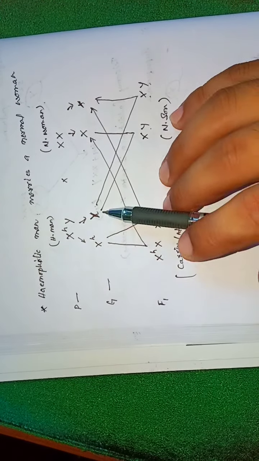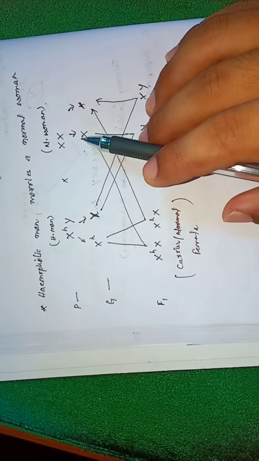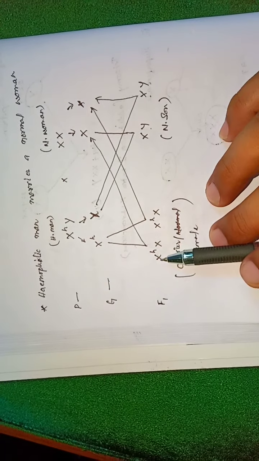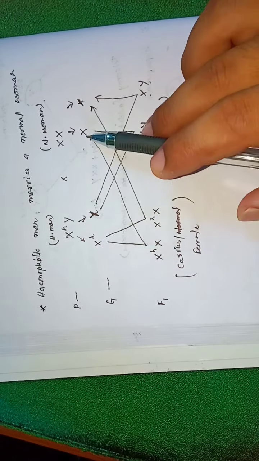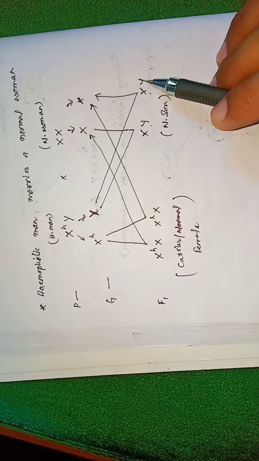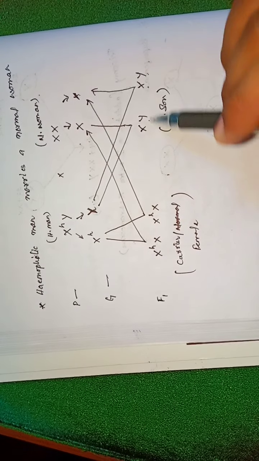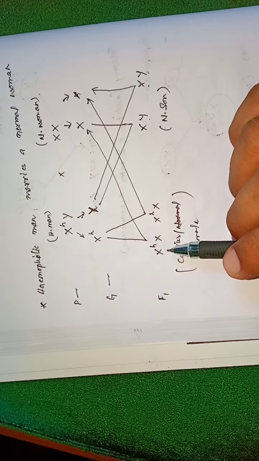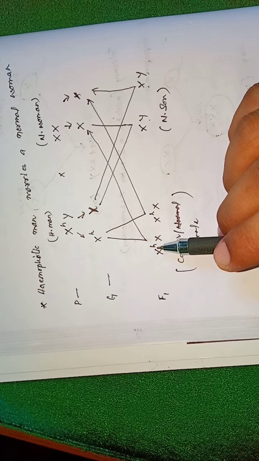During gamete formation, the gametes will occur in this form, and the fusion of these will give rise to XH with X, and Y with normal X will give rise to the normal son. If we look at the sex chromosomes of the female offspring, one X is received from the father.